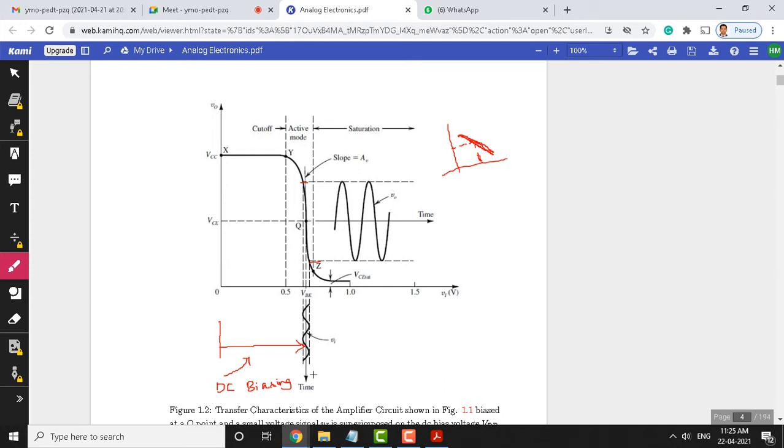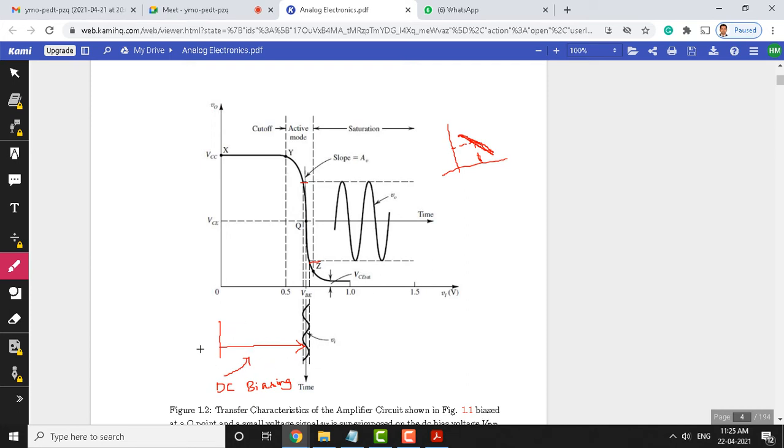So now when the AC signal is made to swing about the operating point, you will get a linearly amplified output like this. Both the negative swing and the positive swing are retained. This does not happen without biasing.